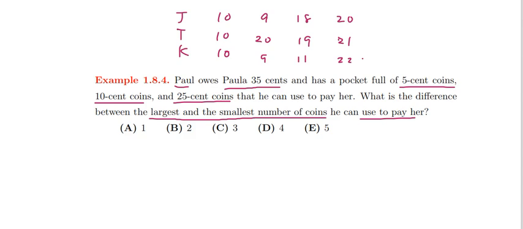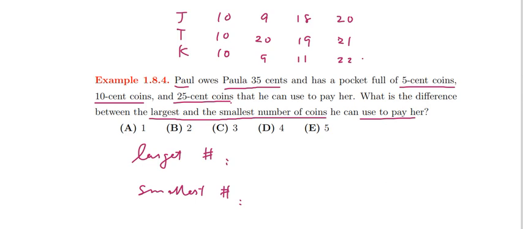So let's check, what is the largest? Largest number or smallest number? The smallest number means that we should use 25-cent coins as much as possible. So 35 can be paid as 1 25-cent coin plus 1 10-cent coin, right? So here we just need 2 coins. Oh, sorry, this is the smallest. Yeah, so for the largest number of coins, we use the smallest coin, the 5-cent coin, as much as possible.